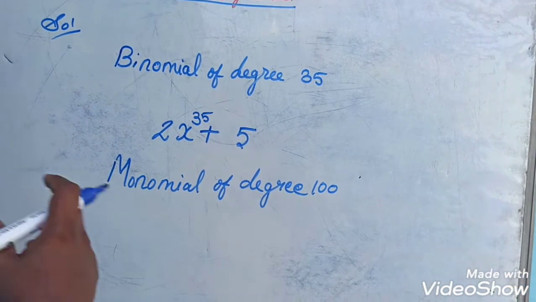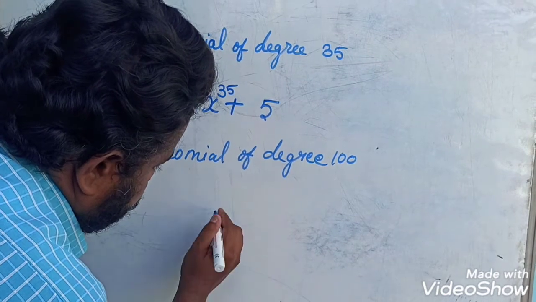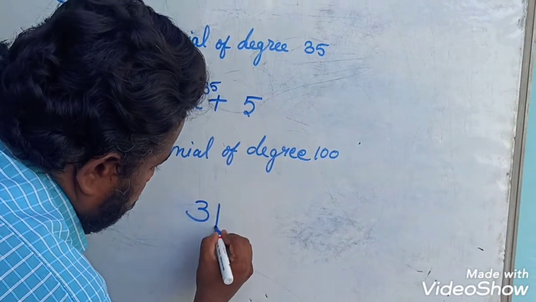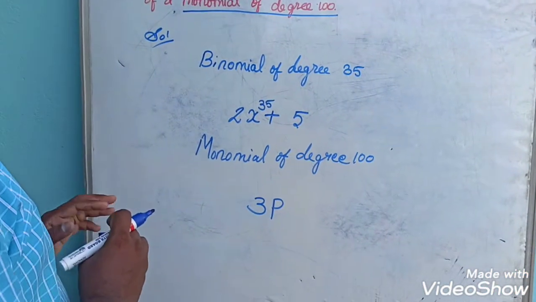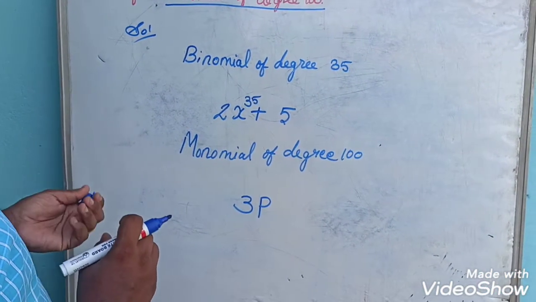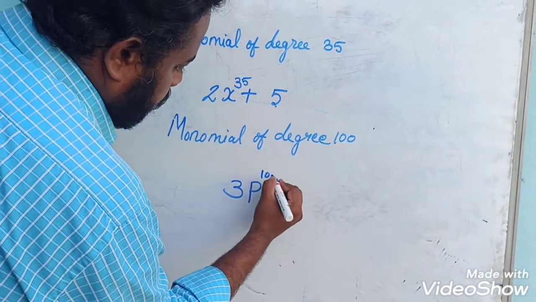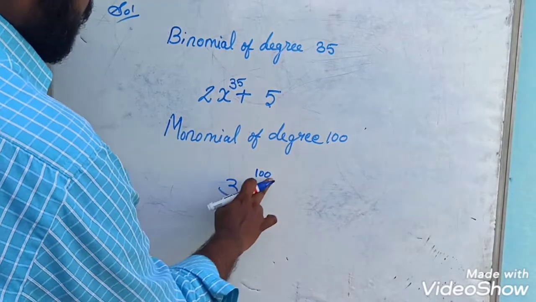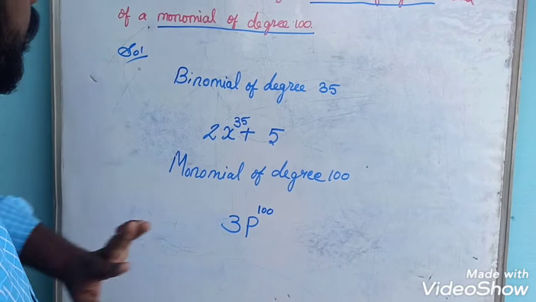So I will combine it with the constant. It can be written as 3p. I take 3p as the monomial. What is the degree, the highest exponent of the variable p? I take 100, the exponent of p is 100. So this is one example for a binomial and this is one example for a monomial.